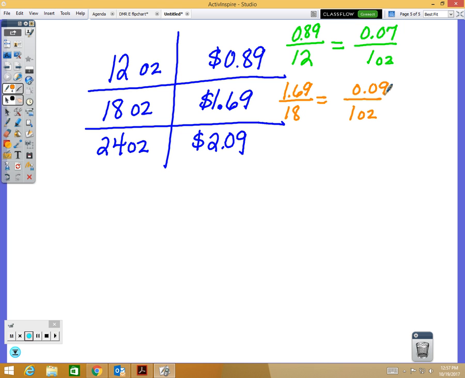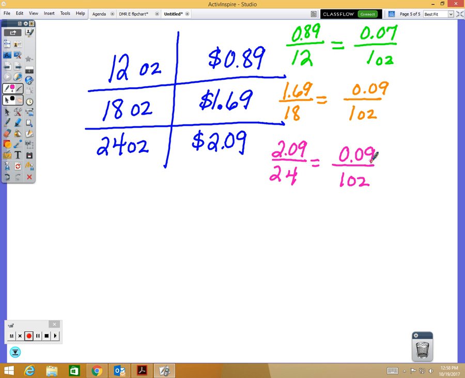So that one's a little bit more expensive per ounce. And then the last one, we're going to take $2.09 divided by 24. How much is it per ounce? Yeah, if you round up, it's 0.09.